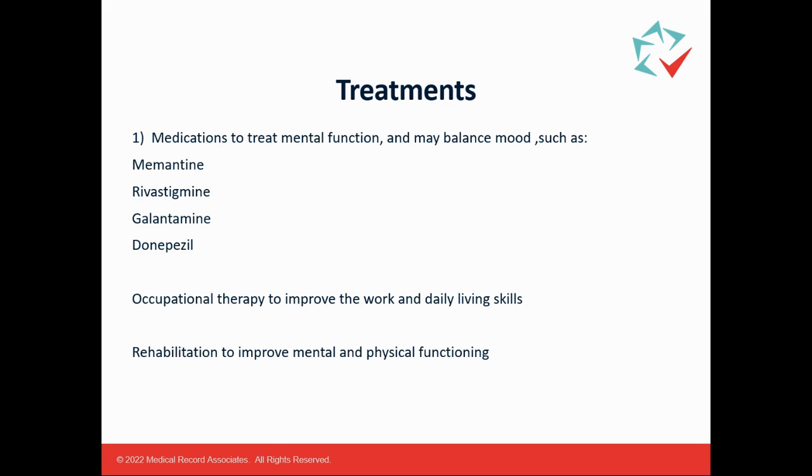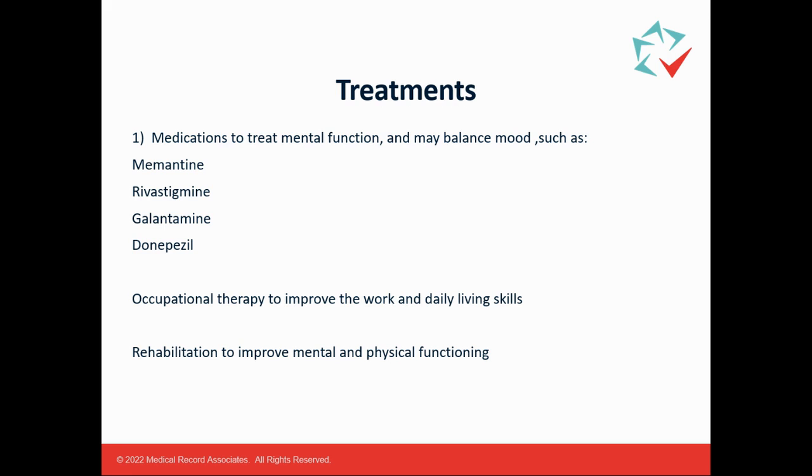So let's talk about some treatments for these conditions. And primarily it is going to be medications used to treat mental function, balance mood, and lower blood pressure. And we have memantine, rivastigmine, galantamine, and donepezil.